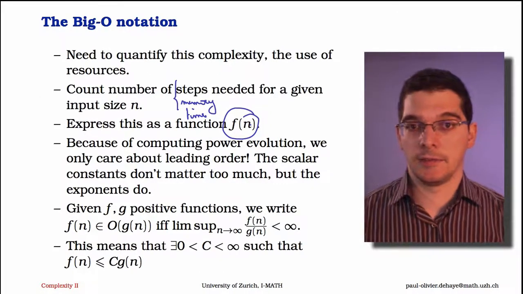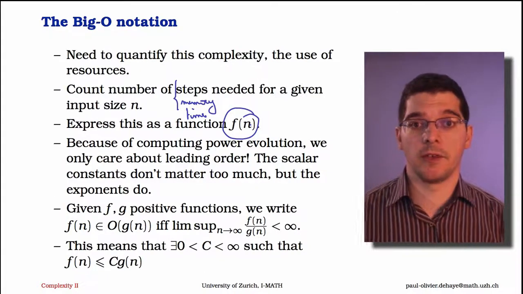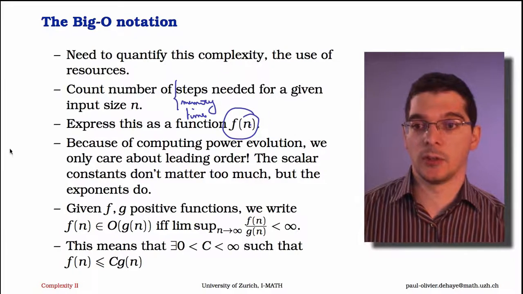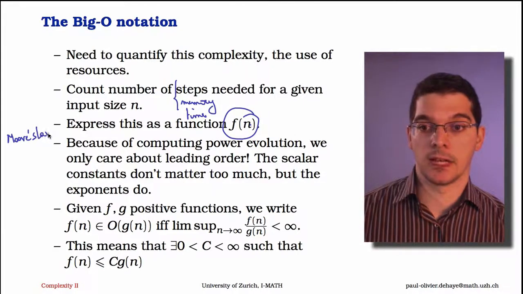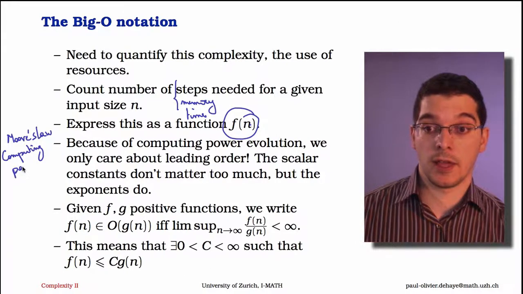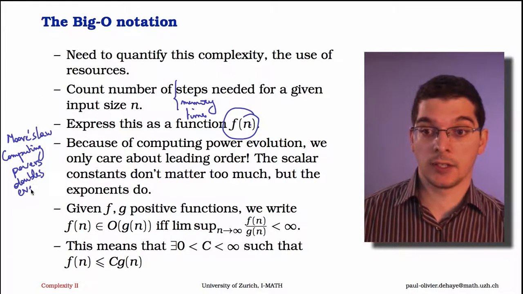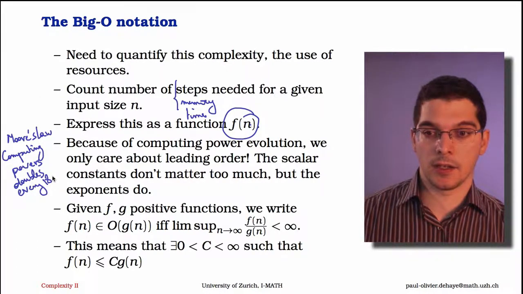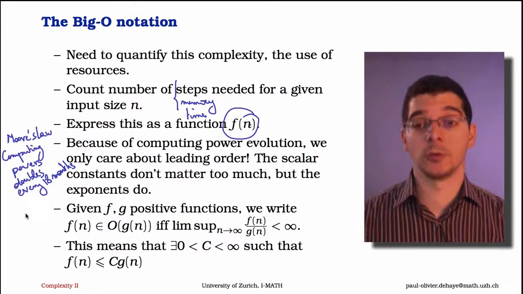Well, if I tell you that computing power evolves very fast, it actually doubles every 18 months according to Moore's law. This is an informal law that says that the computing power doubles every 18 months. It was observed a long time ago, I think in the 60s maybe, and it has held true since then.